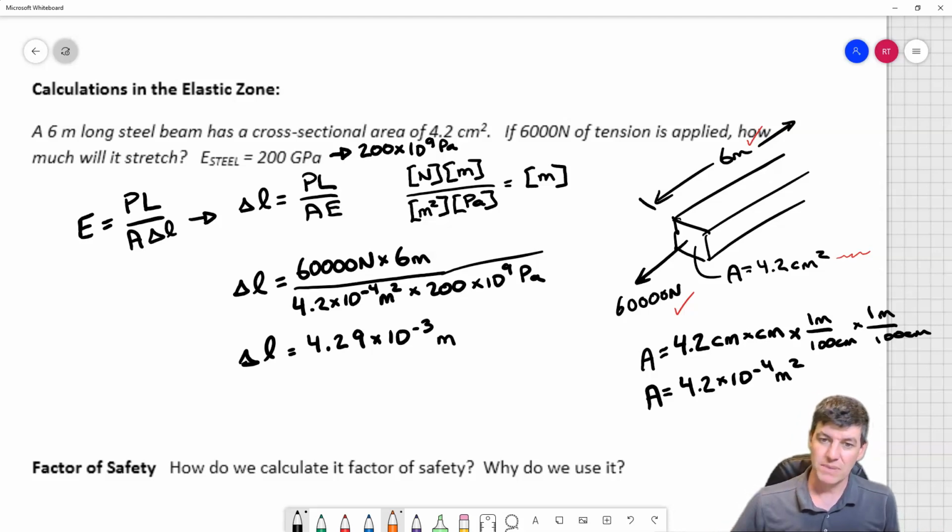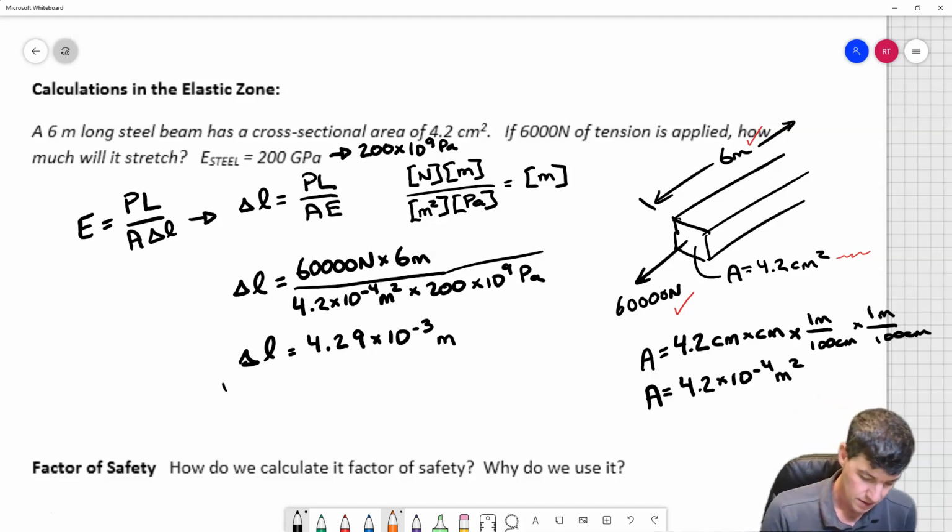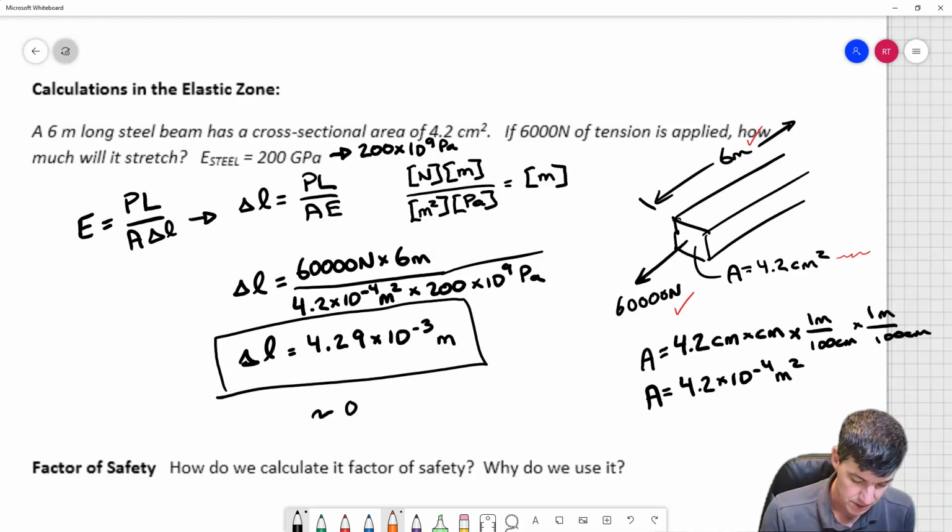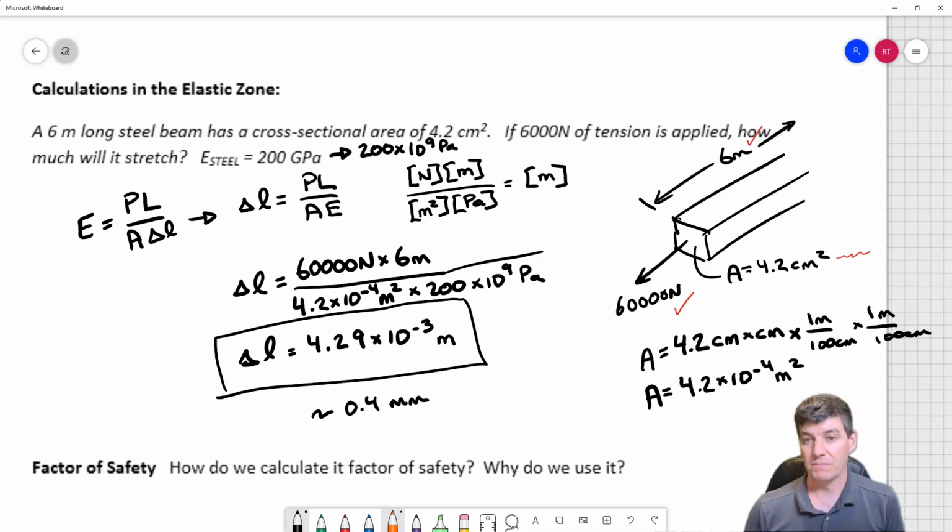So let's make sure that when we get an answer, it's within reason. So here's my answer. You know, it's about 0.4 millimeters. I think I'm in the ballpark.